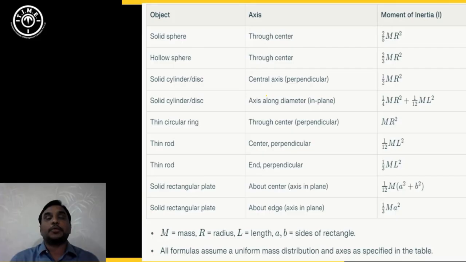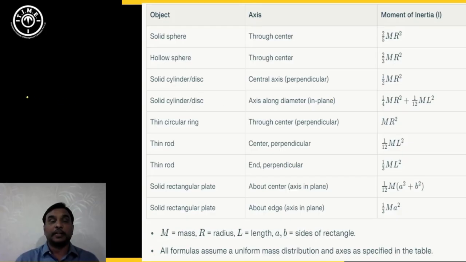What is its own axis? Own axis is nothing but the axis passing through the center and perpendicular to the body. Solid sphere, it is 2 by 5 mr square. Hollow sphere, 2 by 3 mr square. Solid cylinder, mr square by 2. Solid disc, axis along the diameter, meaning the diameter in the plane.